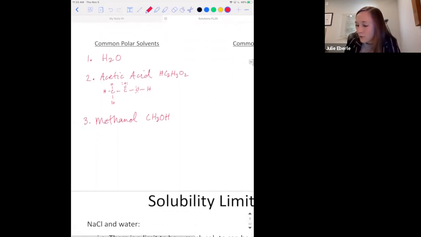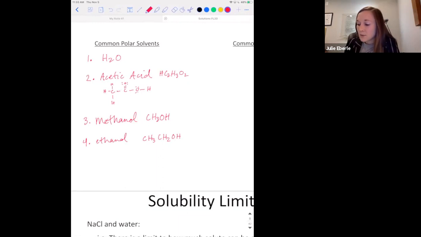And I'll give you one more, ethanol. Ethanol is similar to methanol, it just has another carbon group. So it'll be CH3CH2OH. So methanol is CH3OH, ethanol just has another carbon group, CH3CH2OH.